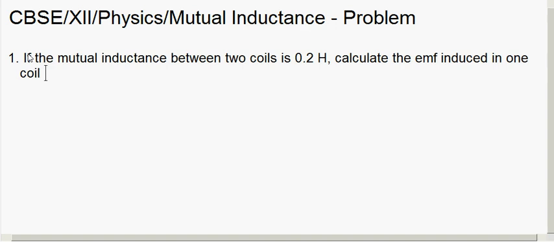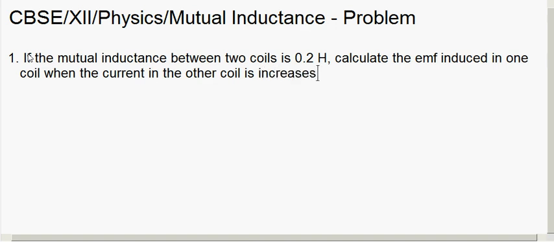when the current in the other coil is increased at a uniform rate from 0.5 to 3 ampere in 0.05 seconds.